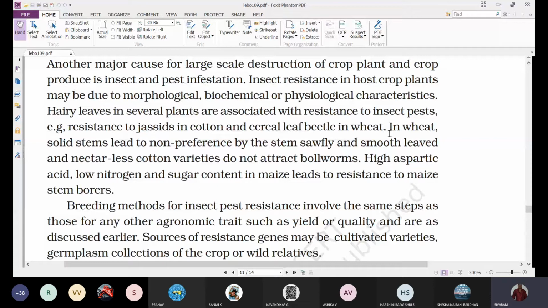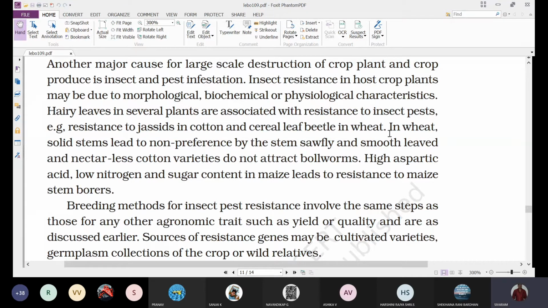Generally, when you observe the stem of wheat, it is hollow. If the stem is hollow in nature, it will attract the sawfly, which bores the stem and damages the wheat crop plant.